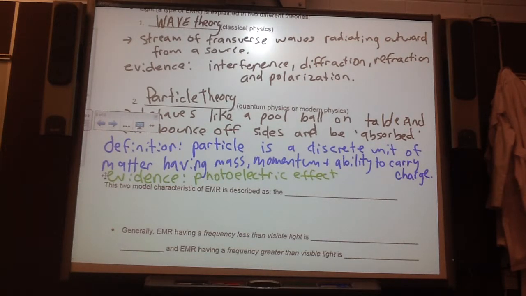And then, okay, so here's the photon. It emits light. And then usually the target is a metal. And what is released is electrons.